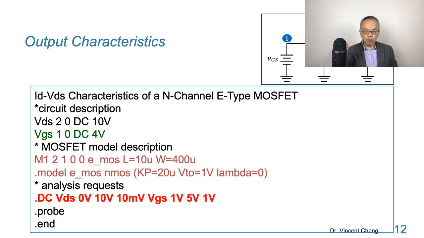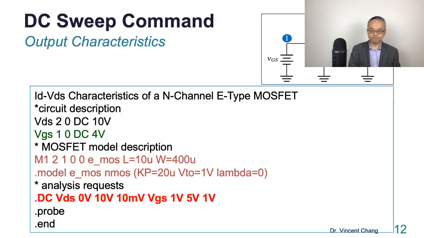And then for the output characteristic, the DC sweep command, the red one: .DC VDS 0 to 10 volt, with a step size of 10 millivolt, and also VGS from 1 to 5 volt, with a step size of 1 volt. So basically it scans 2 variables.